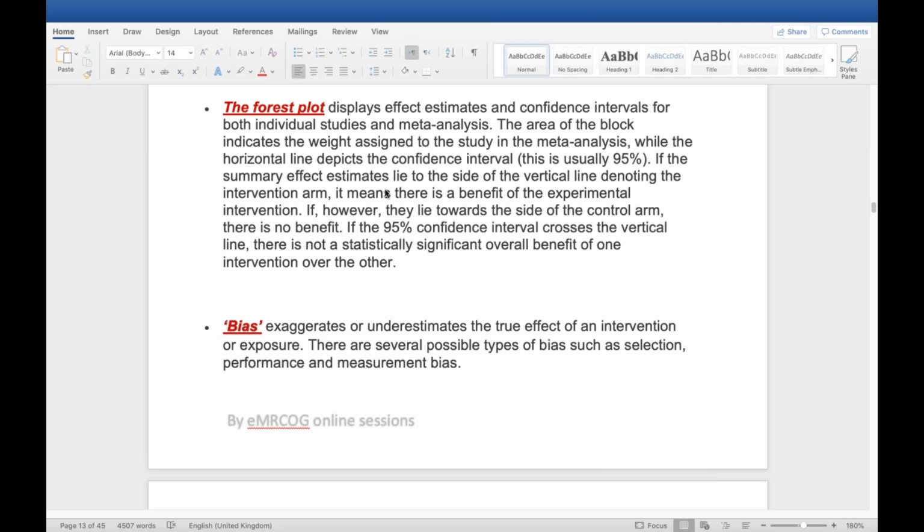It does give a median survival of 7 years, and we are 95% confident that the survival will be between 6 and 8 years, with a median of 7 years. Okay, so there's another study.